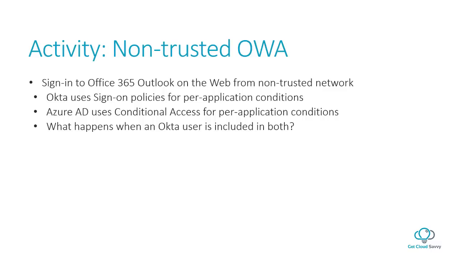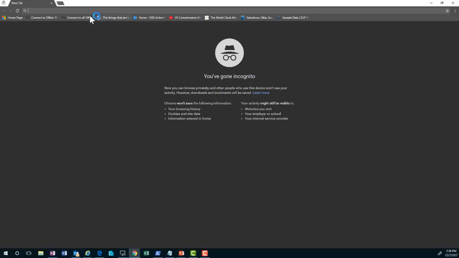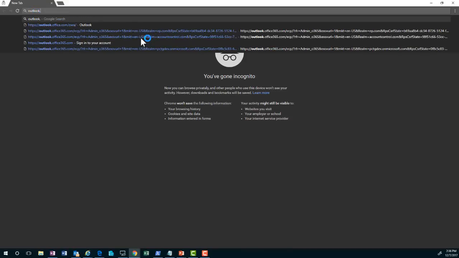So let's move to the first scenario, which is going to be our Okta federated user signing into OWA from a non-trusted network. So I'm basically simulating this just by putting the user in a group. Typically, this would be done with what we call a trusted network setting.